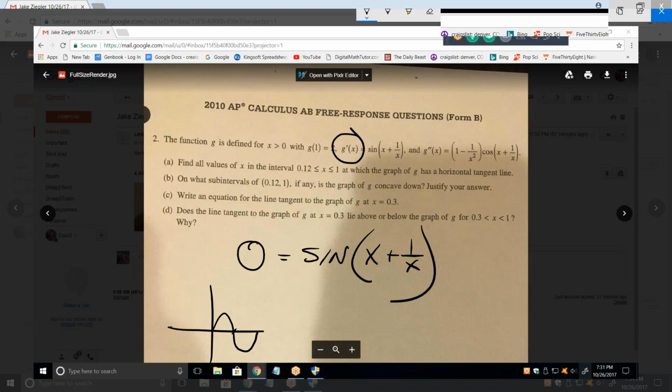It's equal to 0 at 0 and at pi. So that has to be either 0 or pi. And the interval they gave us was between those two numbers, so pi's out of the question. So the only place we have to figure out is where the sine of x plus 1 over x is equal to 0.